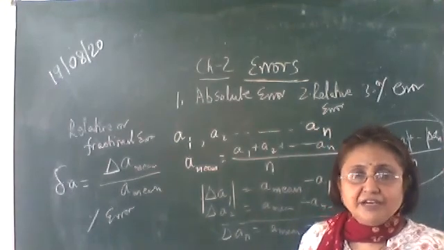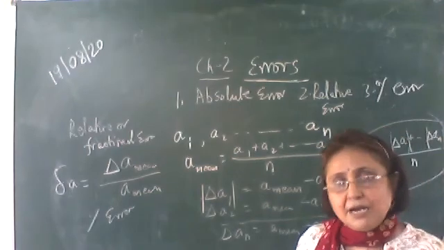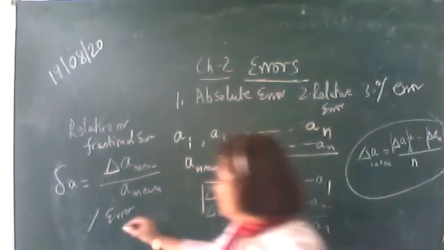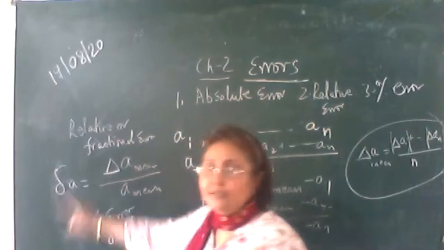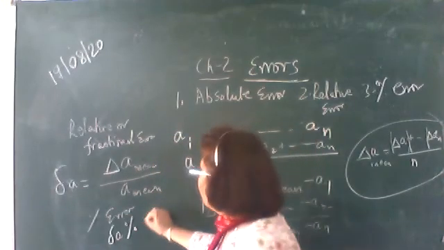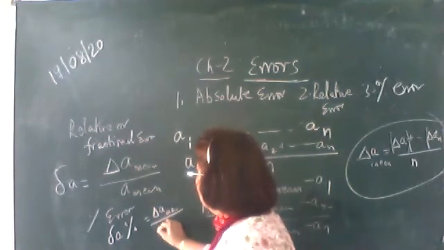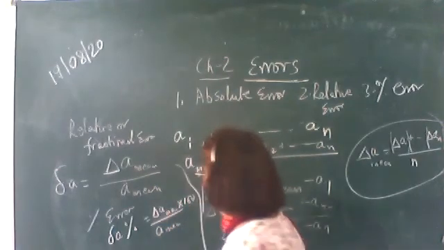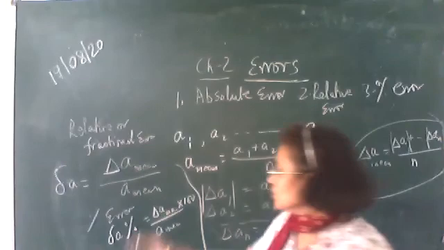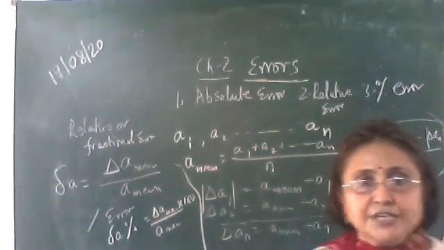How do we express it in percentage? Multiplying it by 100. So if we have to find out the percentage error in A, what will we do? Delta A mean upon A mean multiplied by 100. This you will get in percentage. So expressing the relative error in percentage, we get the percentage error.